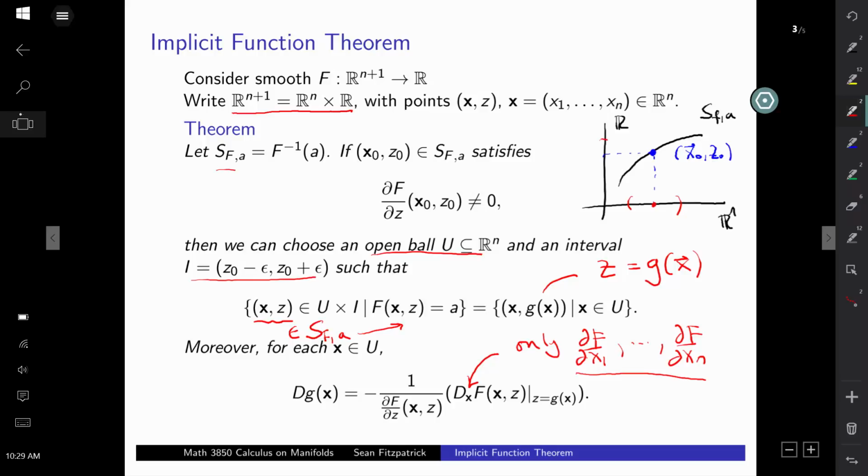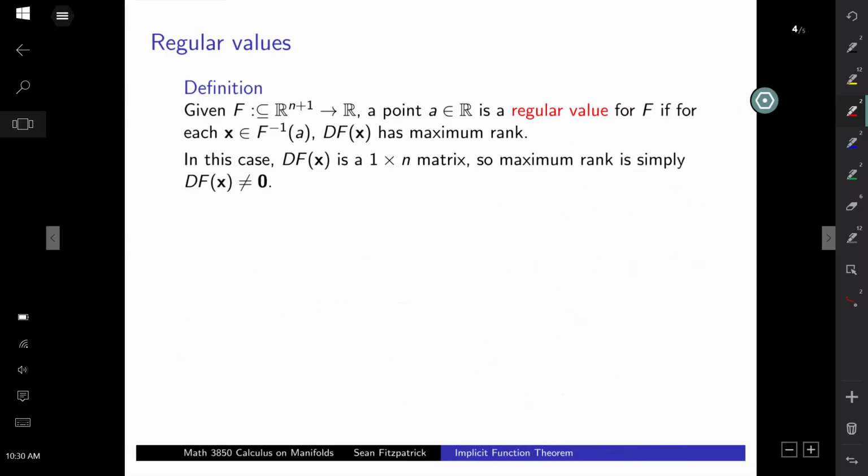So then in this region here, you can see that this piece here, I can think of as a graph, right? So if this is my x, then this is my z, which will be my g of x over here, right? So that's what the implicit function theorem is telling you.